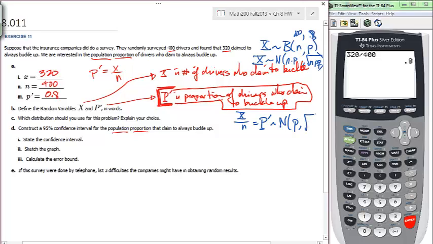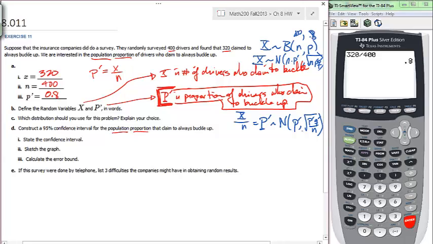Well, some algebra involved here, but this really just simplifies to the square root of p times q, or we'll call it p prime times q prime, divided by n. All these are primes because we don't have a value for p, the population proportion.